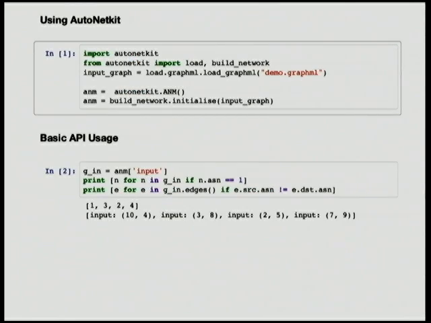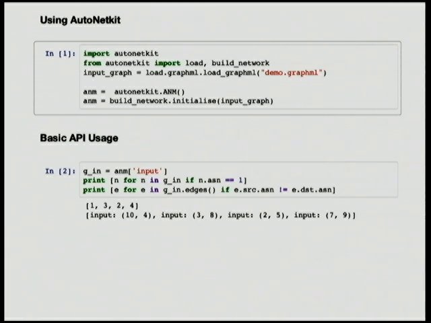So in terms of using AutoNetkit, very briefly, importing it is fairly similar to NetworkX. You load up the graph, we do a bit of initialization to set some default values, and then the basic API usage is essentially list comprehensions with just the set attribute and get attribute wrappers around them.